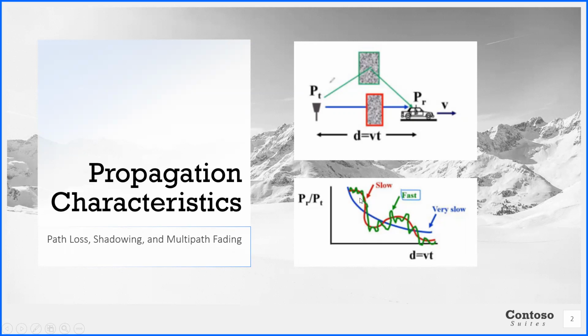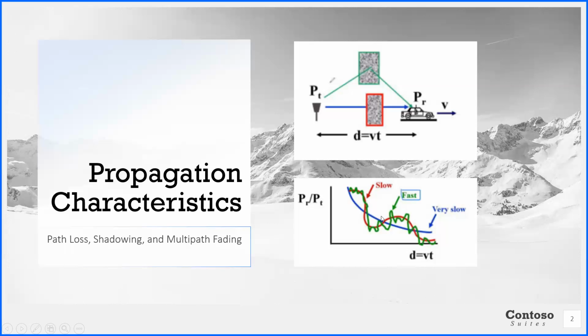Of course, when there are multiple refractions because of obstructions such as buildings, walls, and other solid objects, the change in received power has ripple effects.